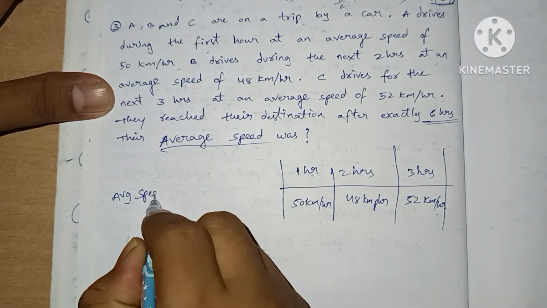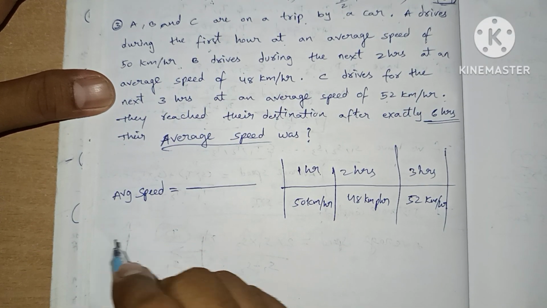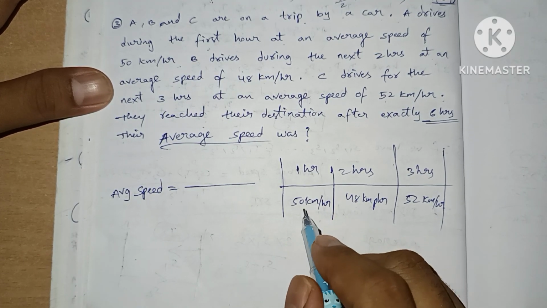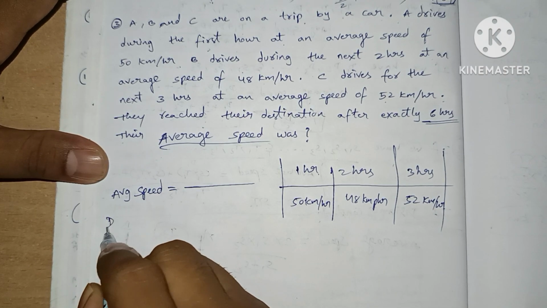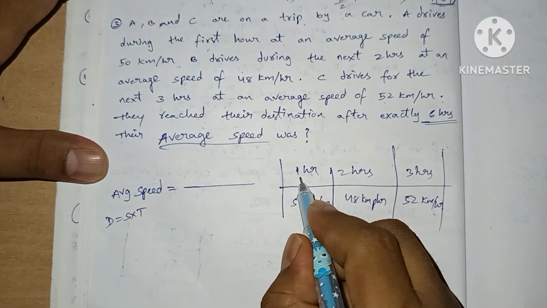Average speed equals total distance by total time. Here we don't know the distance and we don't know the time also, but we know the formula distance equals speed into time. We have speed here and time also.